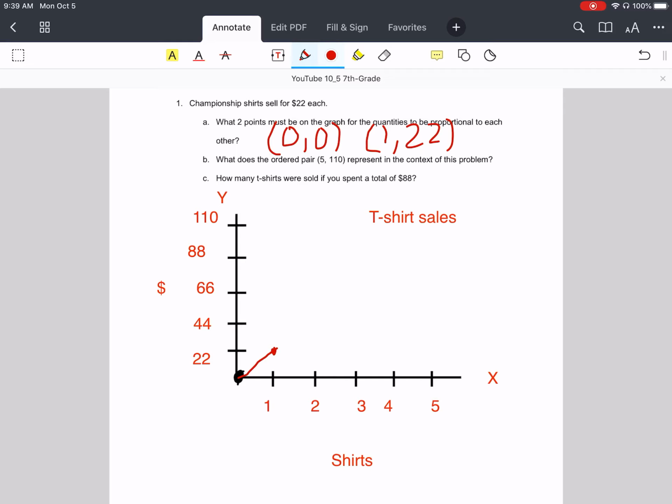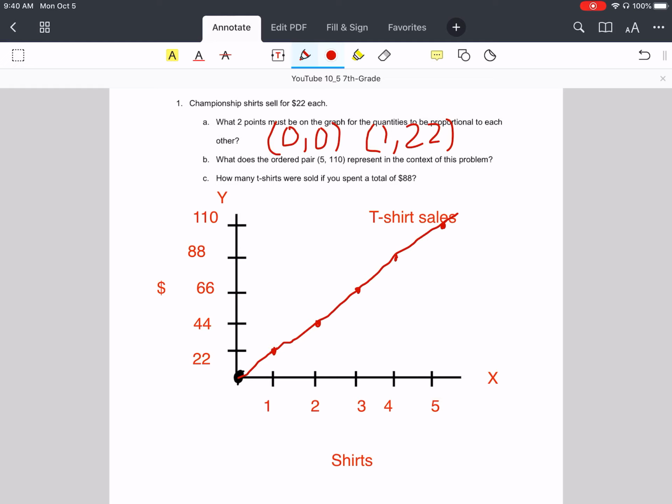And we can continue this graph if we wanted. Won't be perfect, but that's okay. 2 shirts for $44, 3 for $66, 4 for $88, 5 for $110, because it's $22 each. I have a moderately straight line going through it, so it's still proportional.